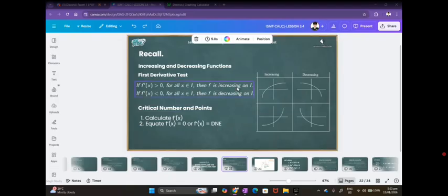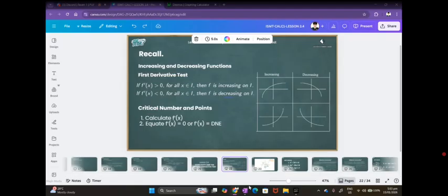Dahil focus tayo sa second derivative test, hindi ko na-explain yung definition ng first derivative test. Pero, if the first derivative or f prime of x is greater than 0 for all x in that interval, then the function is increasing.